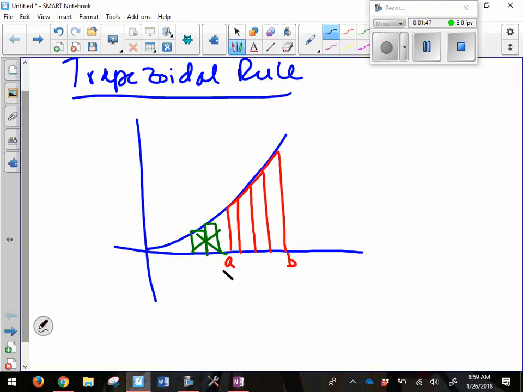And so I let my beginning be x0, this will be x1, x2, x3, x4, and then I'm going to number my trapezoids, 1, 2, 3, 4.